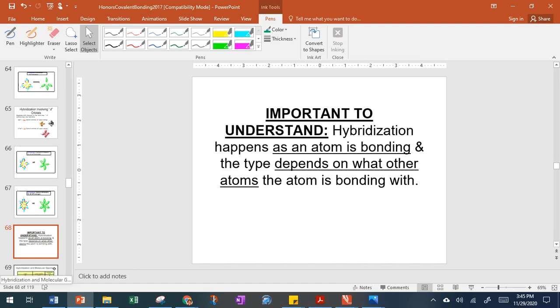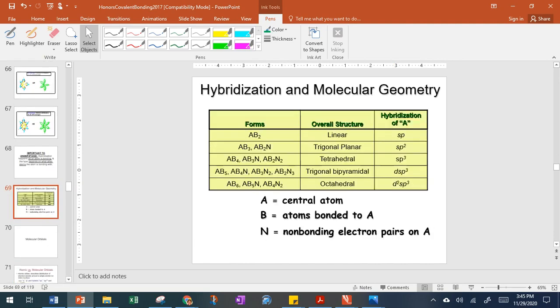So I want to show you guys a table, and I'm going to show you how to figure this out. But if you're someone who likes to refer to a table, you can refer to this. I also want to point out the patterns here in this table.